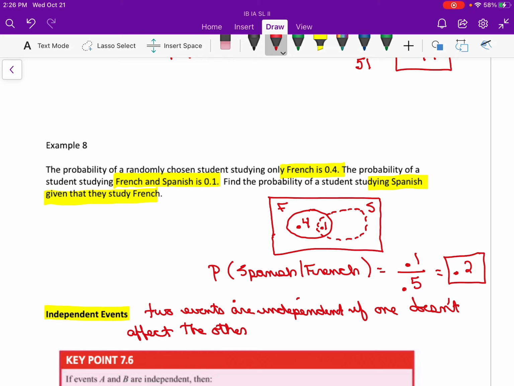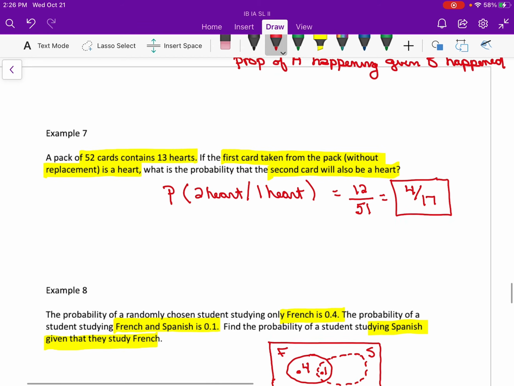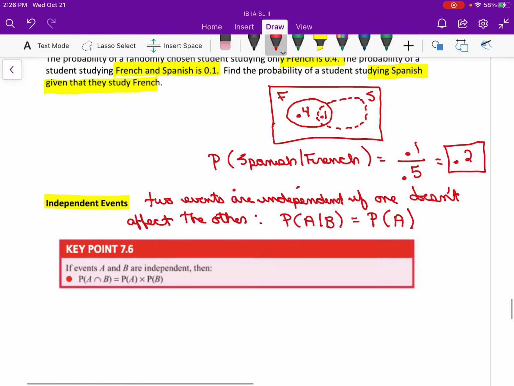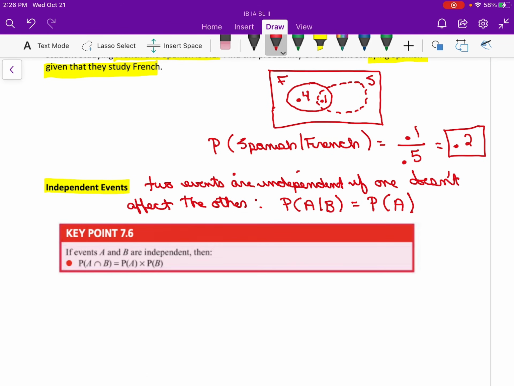So in other words, P of A given B would just be P of A. So basically what that means, two events are independent if one doesn't affect the other. In the last one, we were talking about something being dependent on the other one. So if events A and B are independent, then their intersection is just the probability of one times the probability of the other.